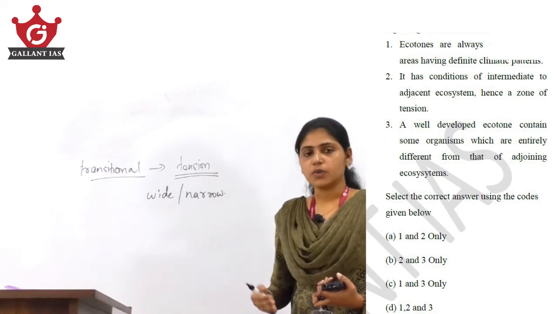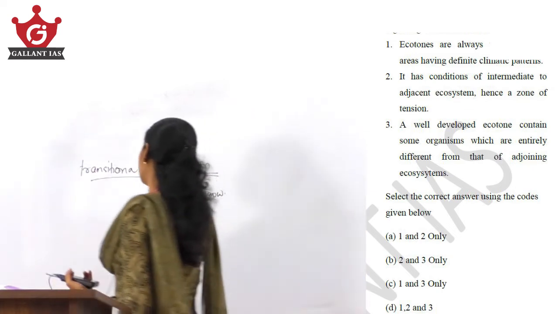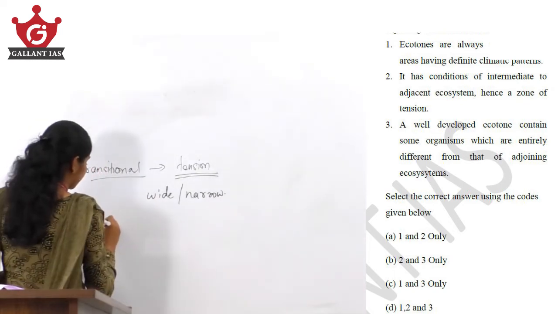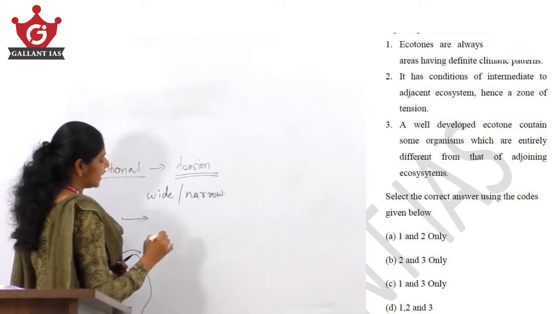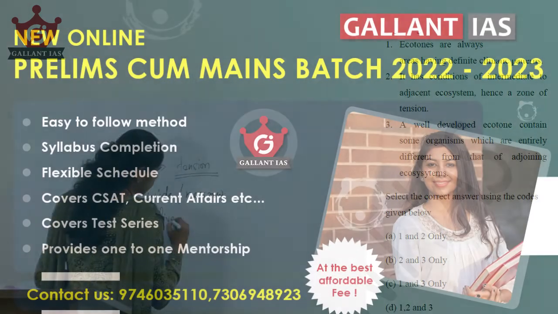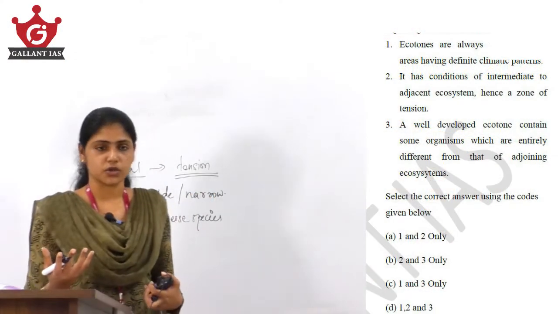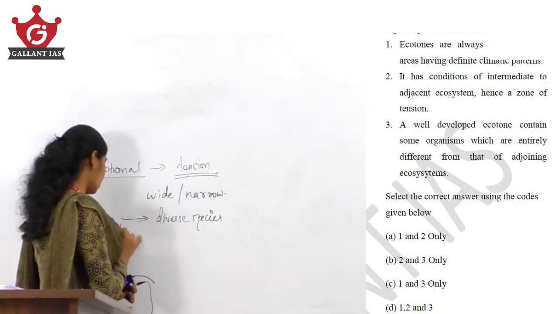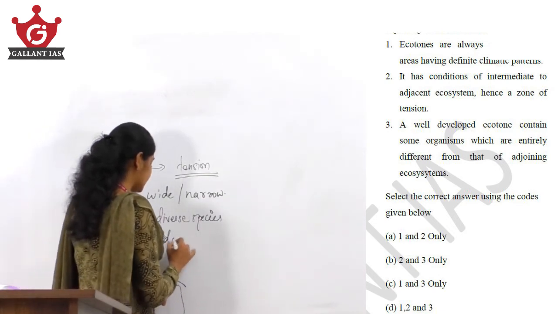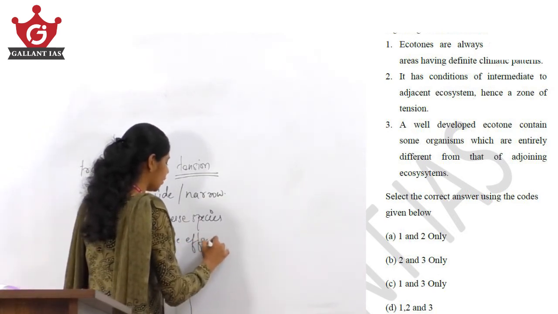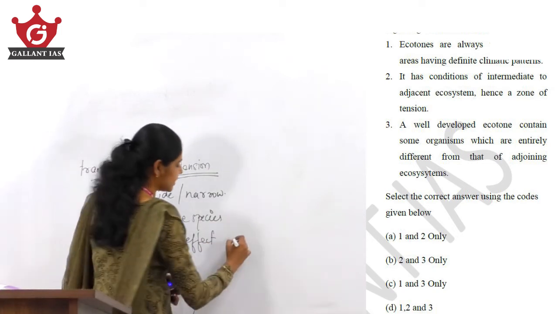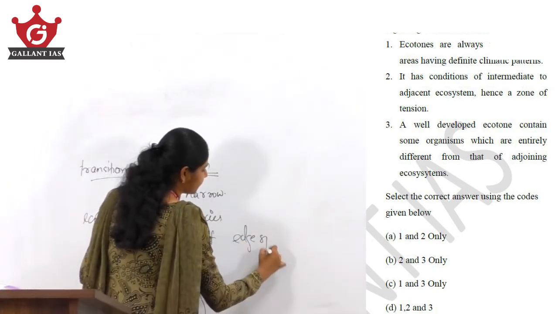Like we know, in an ecotone, what is the specialty? Yes, we can see diverse species there, right? The species richness is very high in ecotones, and that's why we call that particular phenomenon the edge effect. And the predominant species present, we call them edge species, right?